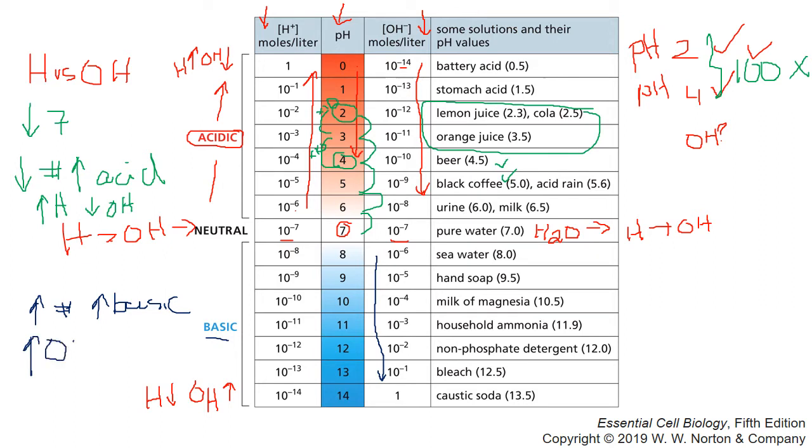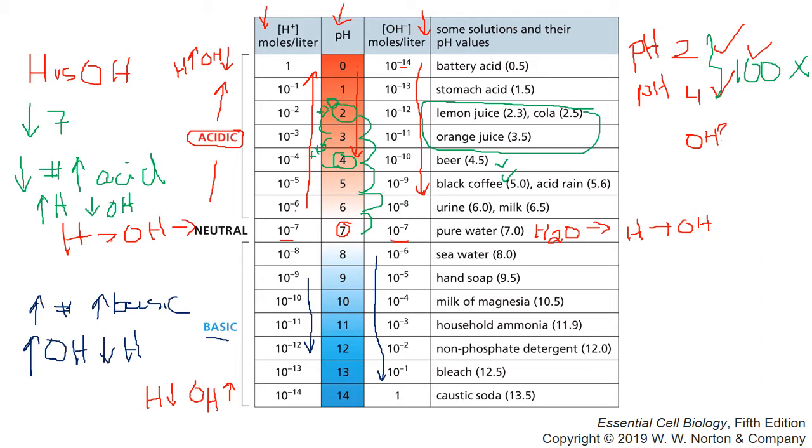And if the hydroxide is going up, that means that if I come over here and take a look at my hydrogen, I'm going to notice that it's starting to go down. So very similar to what we saw above the 7, when you now come below the 7, we're going to see that any number that's higher than a 7 is going to be a base.